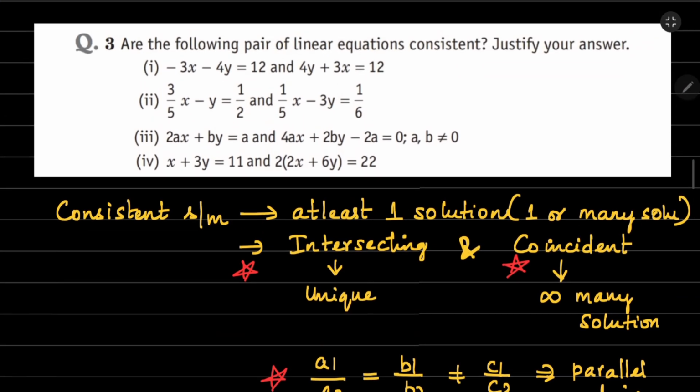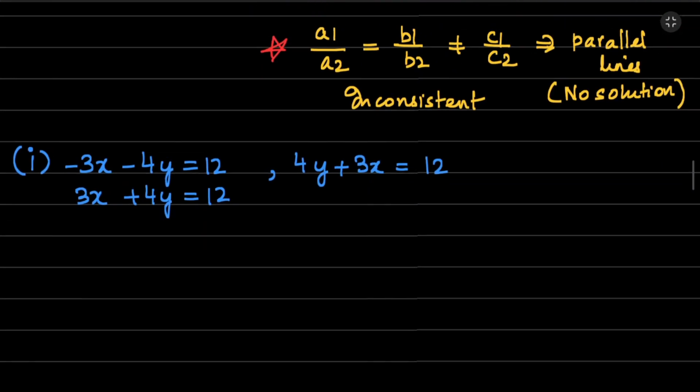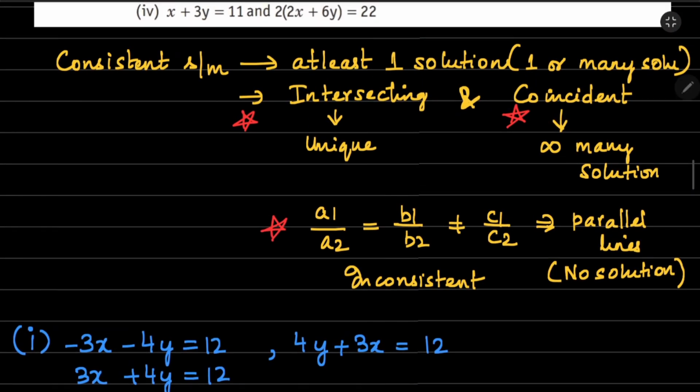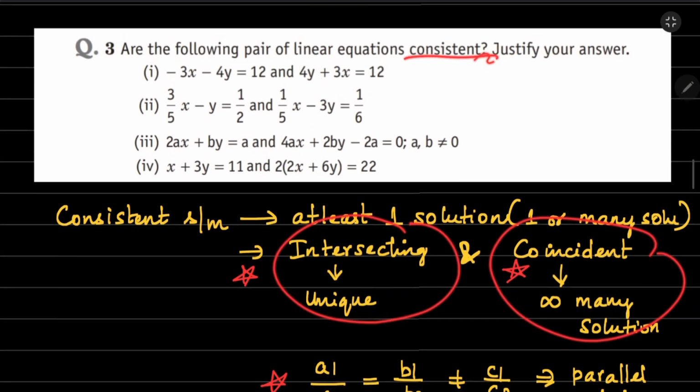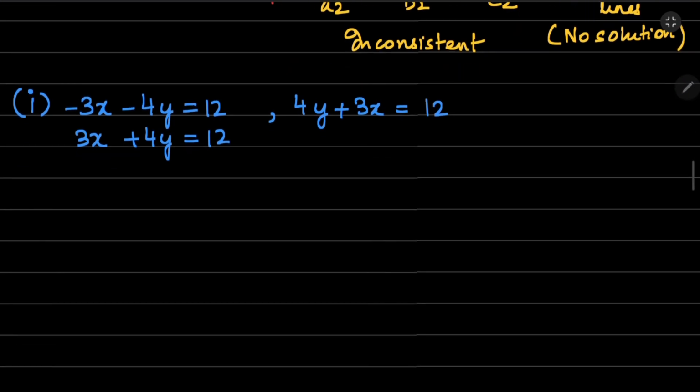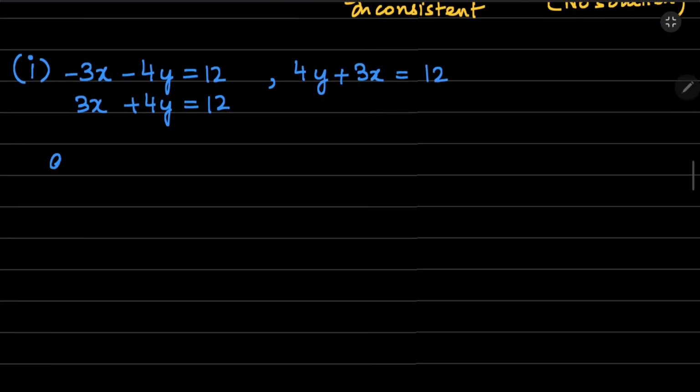The question says, are the following pair of linear equations consistent? If the given system falls under the intersecting or coincident condition, they are consistent. If they fall under this third condition, they are inconsistent. So let us check the ratios.